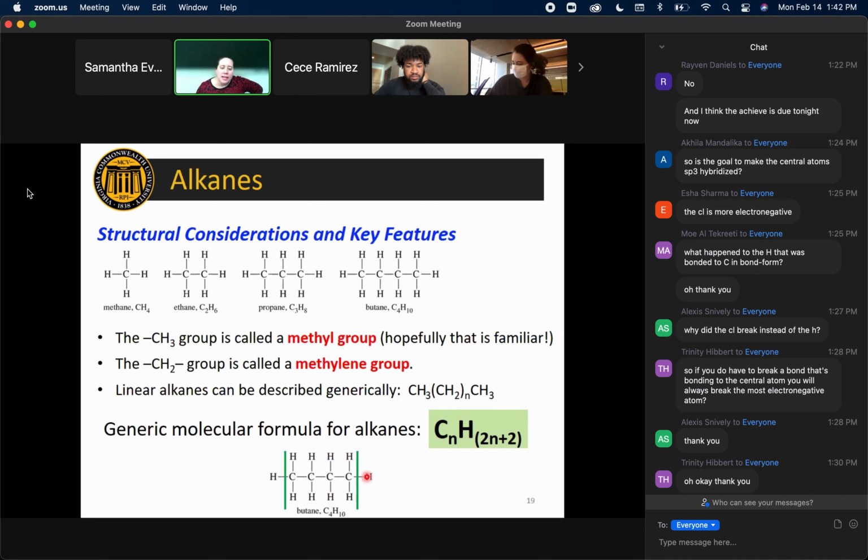But then the ones on the end each have an additional hydrogen to fulfill their valence shell and to fulfill the octet rule. So that's the plus 2. So however many carbon atoms there are in a simple alkane, there's going to be twice as many hydrogens plus the 2 on the ends. So CnH2n plus 2. And that gives us the generic molecular formula for alkanes.